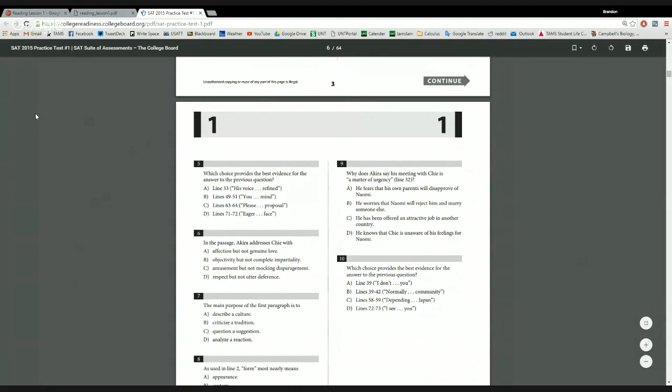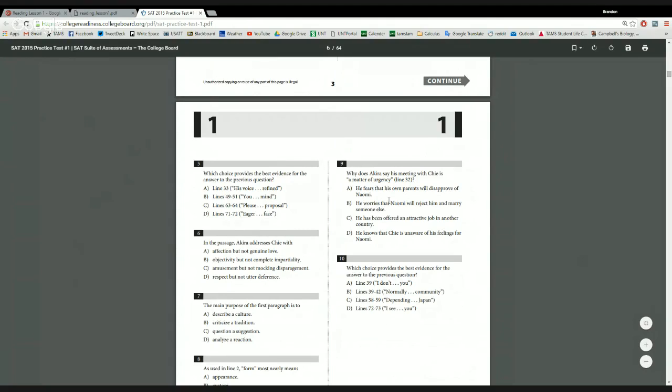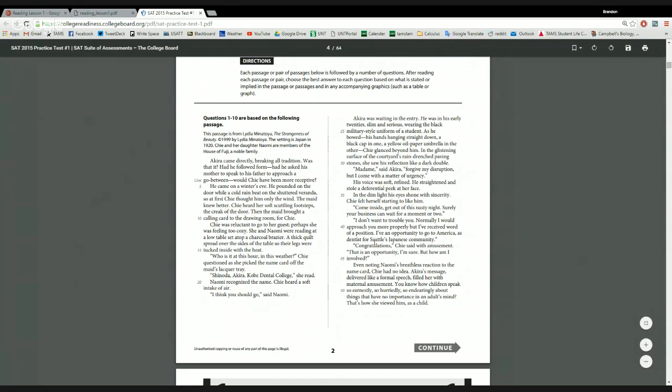A, he fears that his own parents will disapprove of Naomi. That's not exactly right. If you read a little bit below it, in lines around 40 to 45: Normally, I would approach you more properly, but I received word of a position. I have an opportunity to go to America as the dentist for Seattle's Japanese community.